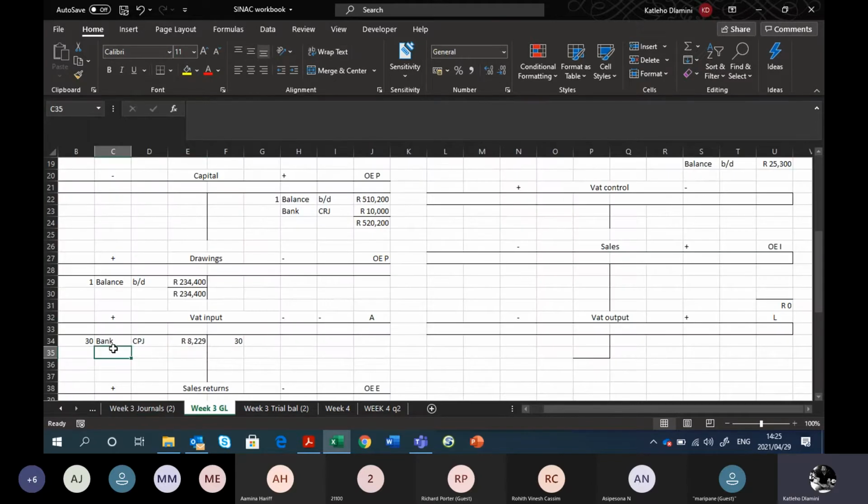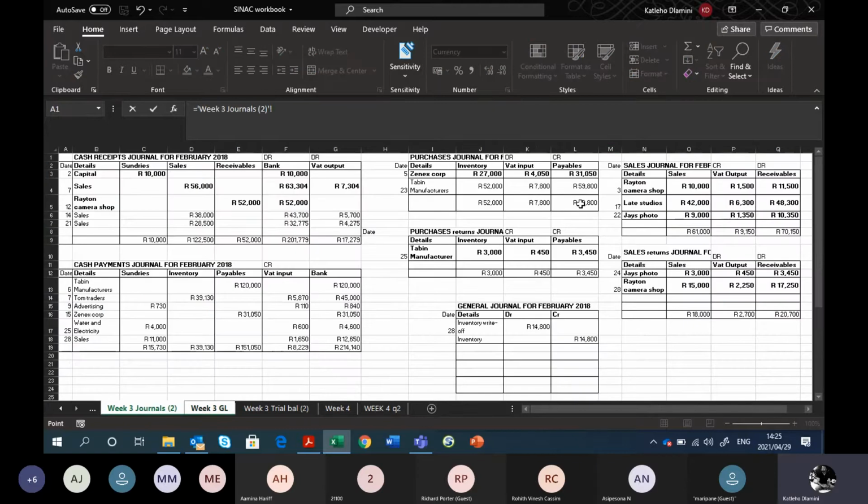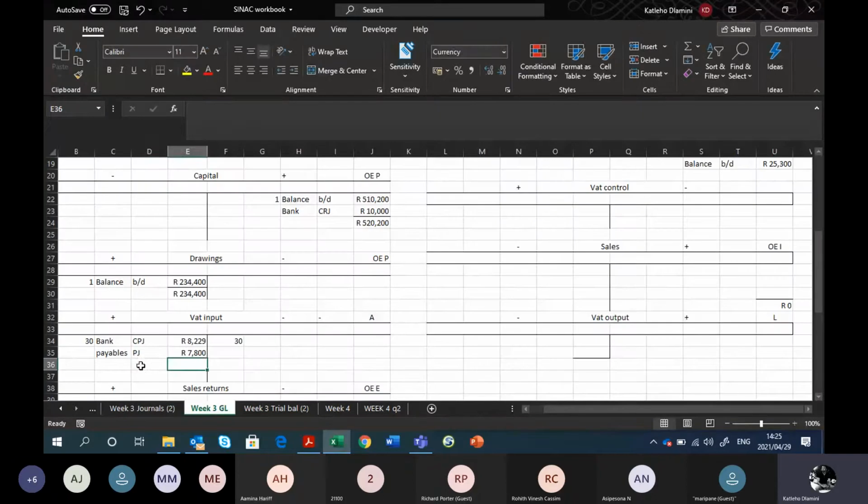So our creditors control, sorry, our payables. We have PJ equals that amount there, VAT input. Then we have our purchases returns journal.